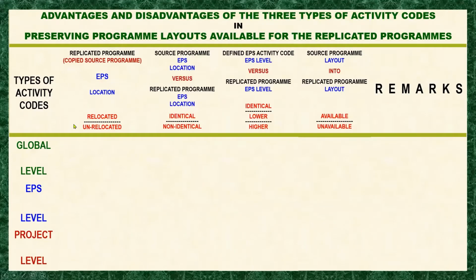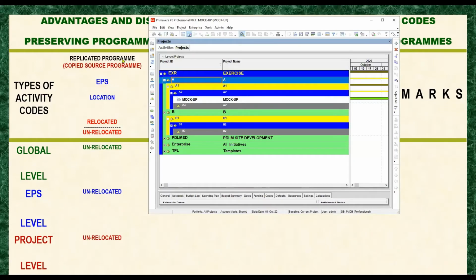On this column, it is considered unrelocated. For what reason? It is because this is a replicated program, or the copied source program.